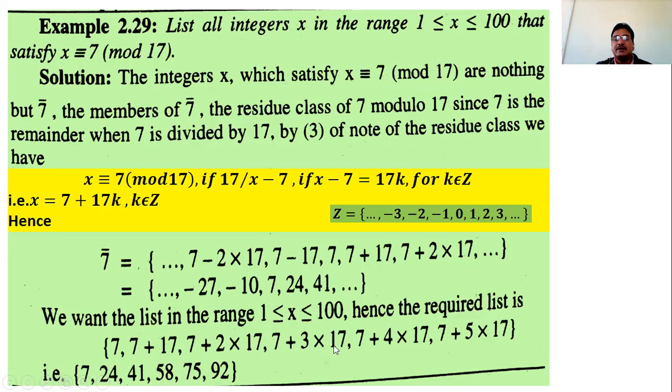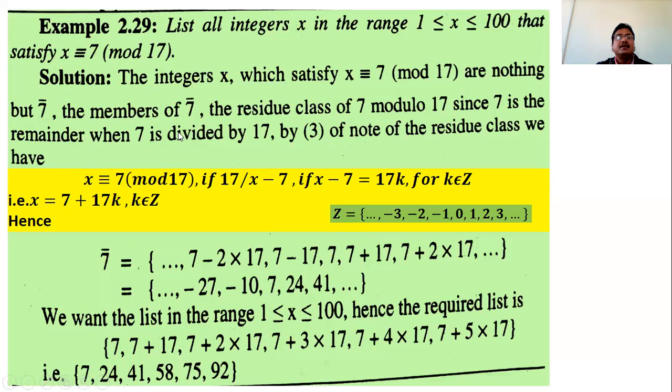Then substitute k as 3 in the formula x equals 7 plus 17k. So we have 7 plus 3 into 17, 7 plus 4 into 17, then 7 plus 5 into 17. These are the elements that lie in the range 1 to 100 and are congruent to 7 mod 17.